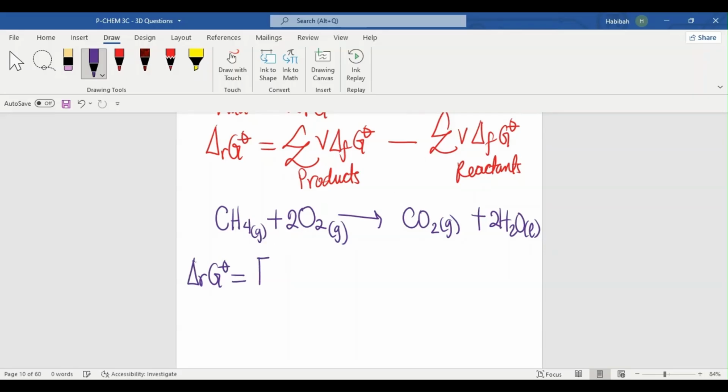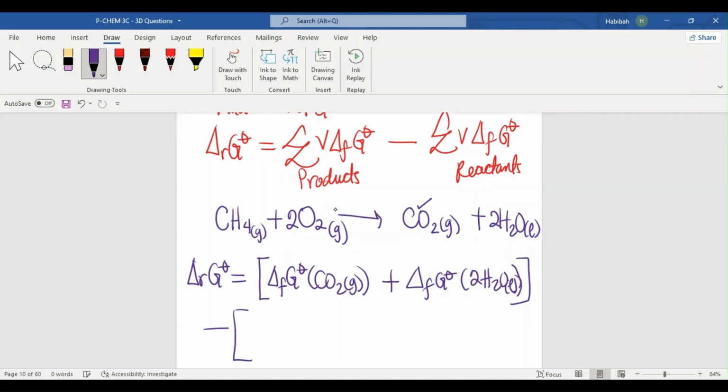For the products, we have the Gibbs energy of formation of the first product, CO2 gas, plus, because the summation means we add them up, the Gibbs energy of formation for the second product, 2H2O liquid, minus the Gibbs energy of formation for the first reactant, CH4 gas, plus the Gibbs energy of formation for the second reactant, 2O2 gas.